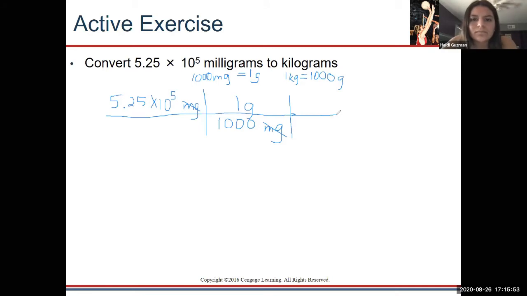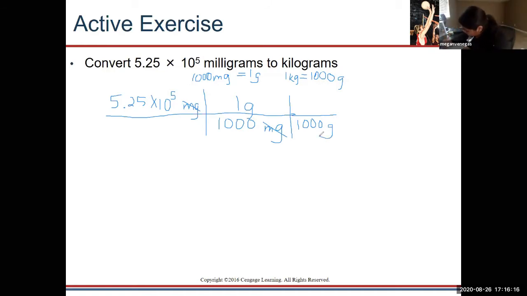So if I wanted to get rid of the grams, where am I going to put grams, on the top or bottom? On the bottom, that's right. So I put 1,000 grams down here at the bottom. And then what's going to be up top? 1 kilogram.